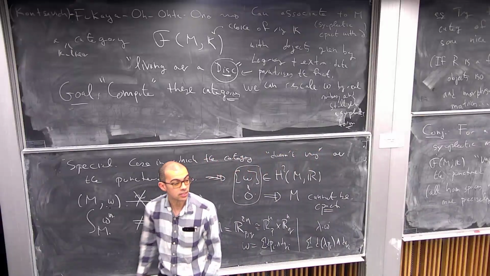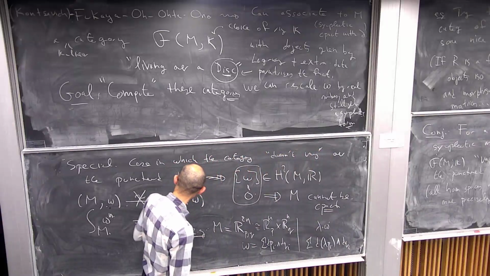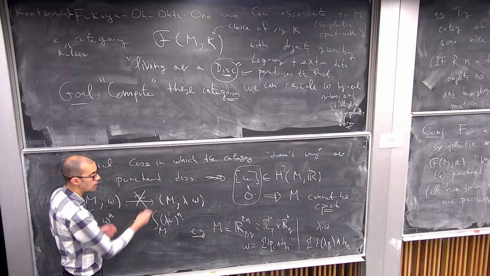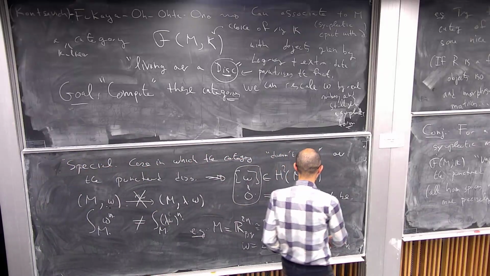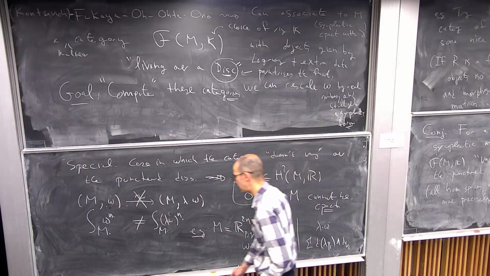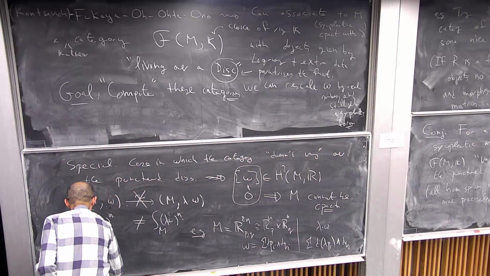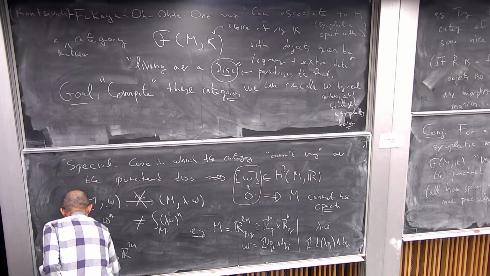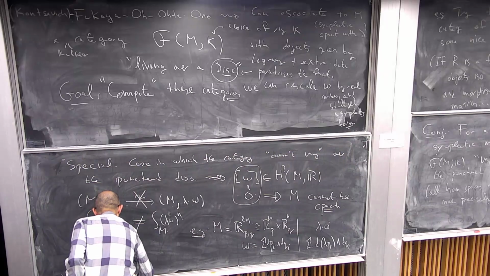Then it's pretty obvious what I'm supposed to do to get this identification, this map from M to itself. I just take R2n to R2n by (p, q) goes to (lambda p, q).